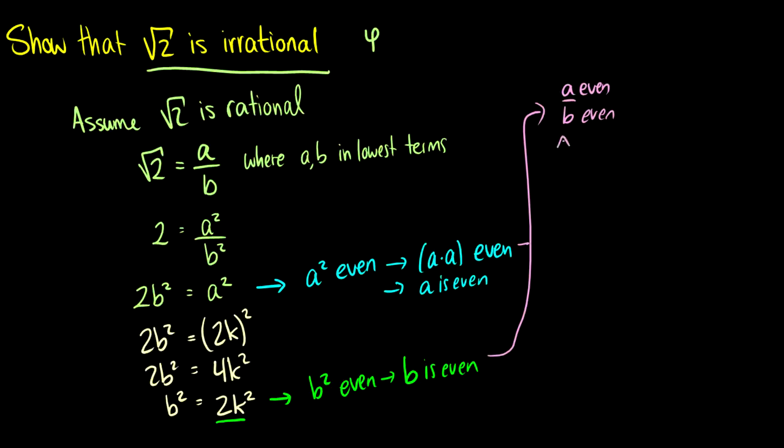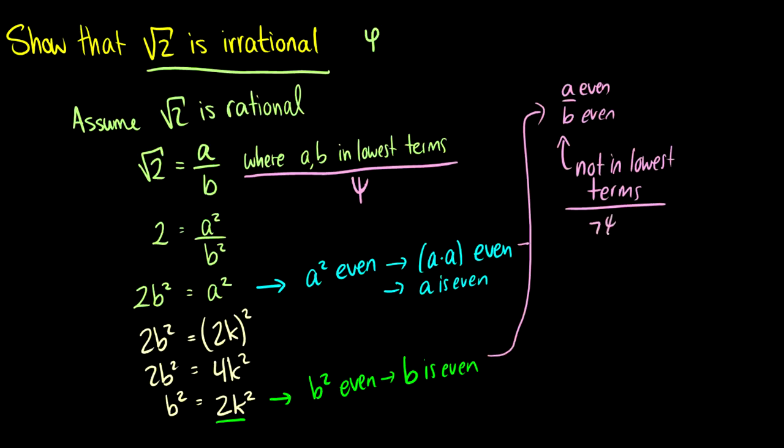So we know this is not in lowest terms, because if the top is even and the bottom is even, then we can factor out the 2 and reduce it. But in our assumption, we said that a and b were in lowest terms. So this is our psi, but here we get our not psi.